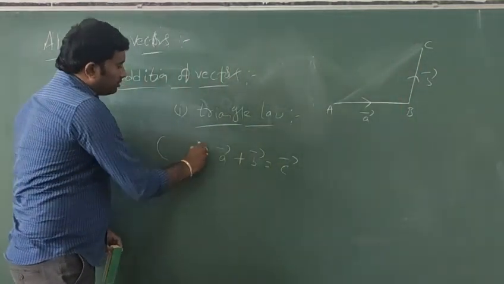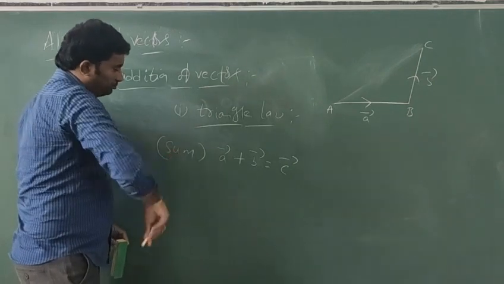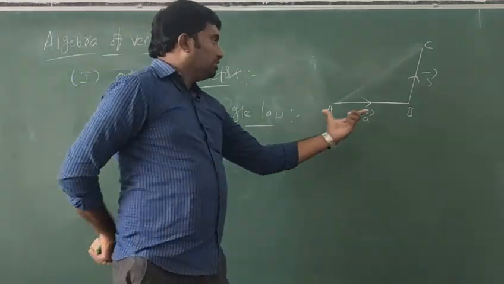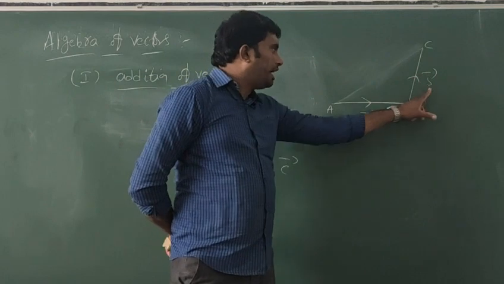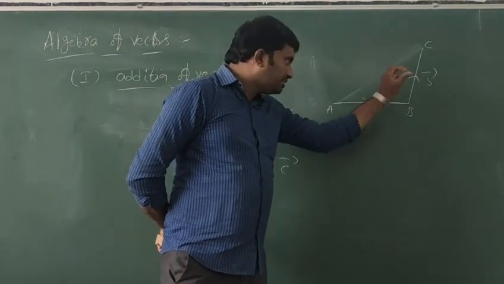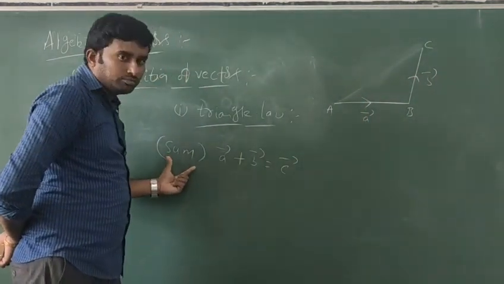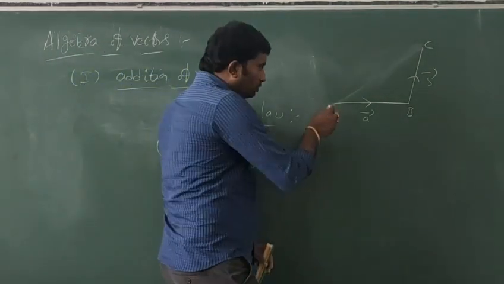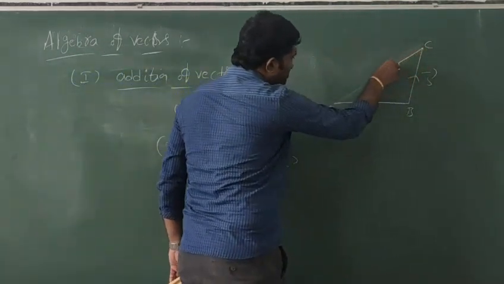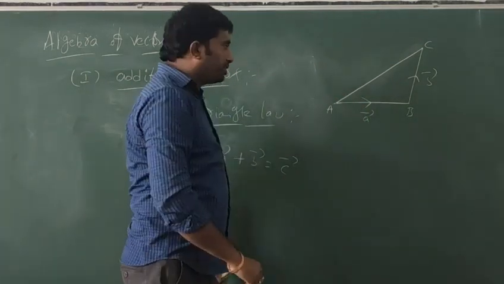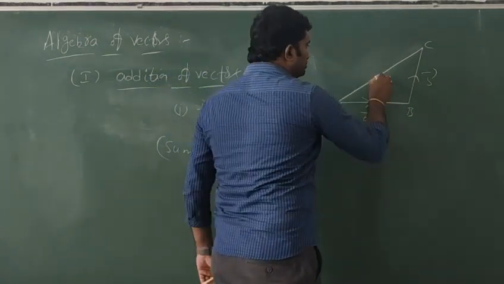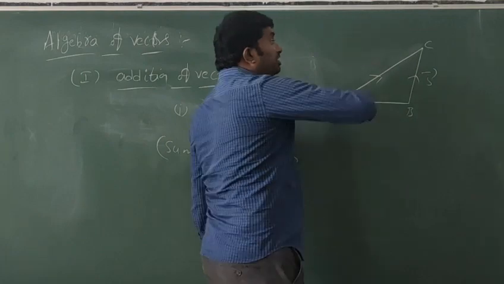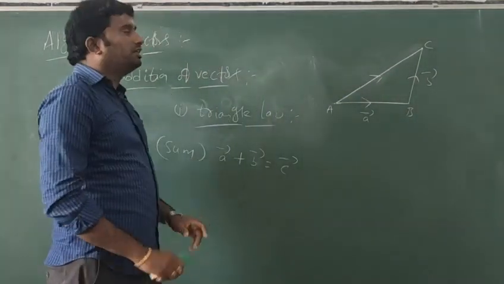then the resultant, in bracket sum, is also expressed in magnitude and direction by the third side of the triangle.